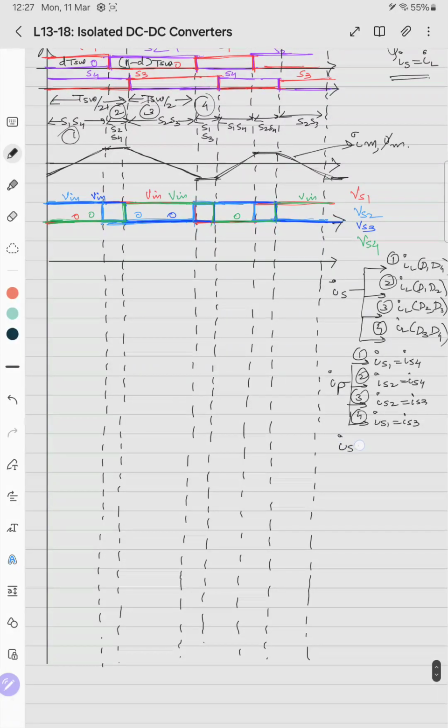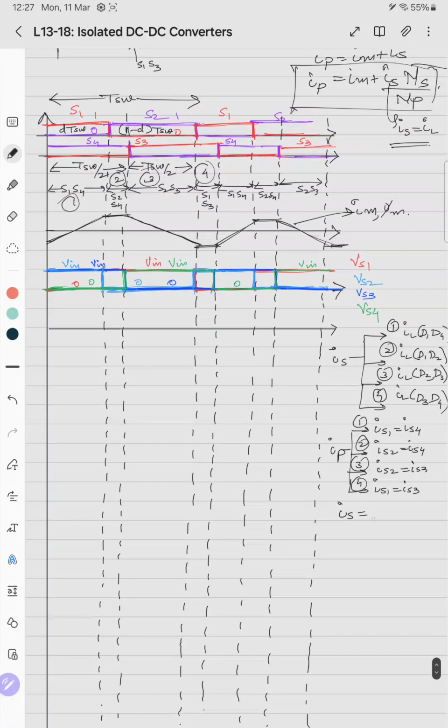Sorry, this is IP, not IS. In the above 4 cases it is split. That is, IP is Im plus IL into NS by NP.